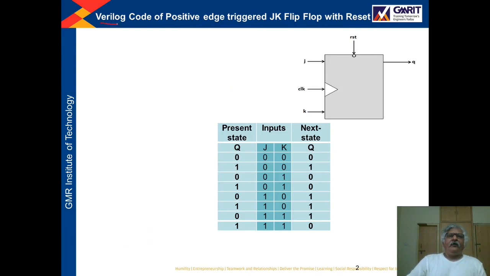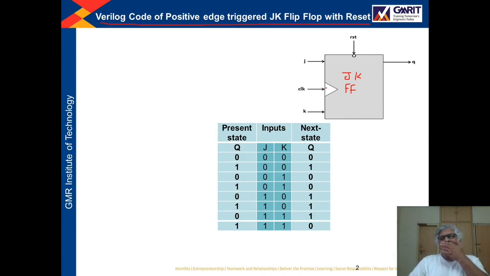So now the Verilog code of the positive edge triggered JK flip-flop with the reset. Here you can find the block diagram of this JK flip-flop. And this is a positive edge triggered flip-flop because at the clock input there is no bubble, right?